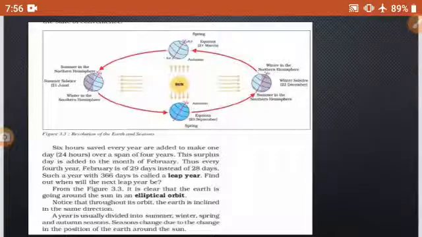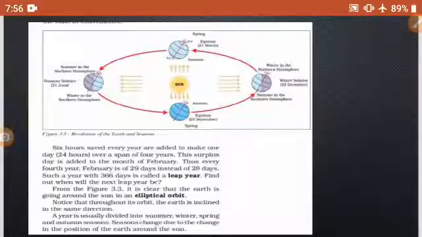The 6 hours saved every year are added to make one day, that is 24 hours. Over a span of 4 years, this surplus day is added to the month of February. Thus, every fourth year, February is of 29 days instead of 28 days. Such a year with 366 days is called a leap year. Find out when will the next leap year be.